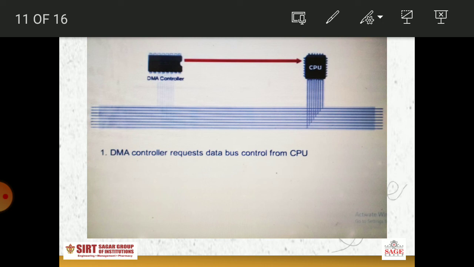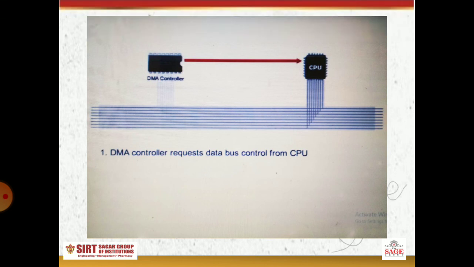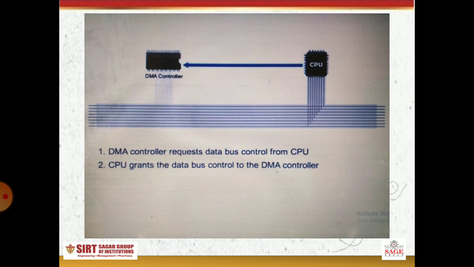Let's summarize the steps. Initially, the DMA controller requests data bus control from the CPU, identifying the memory and read request. The CPU grants the data bus control to the DMA controller and resumes some other critical task.